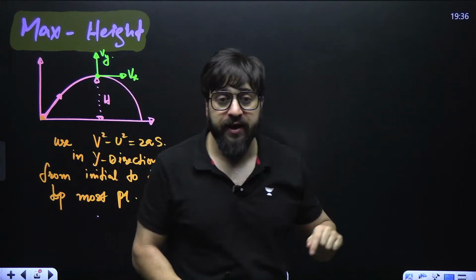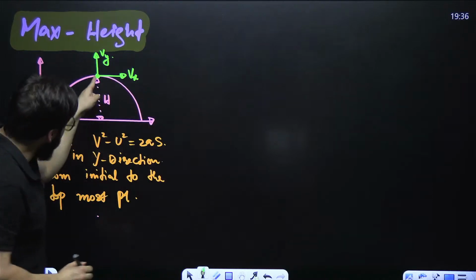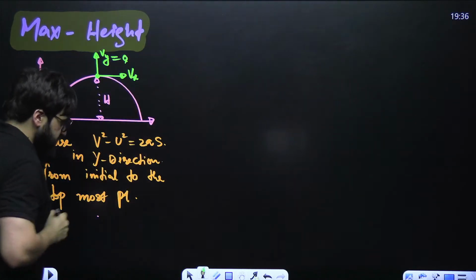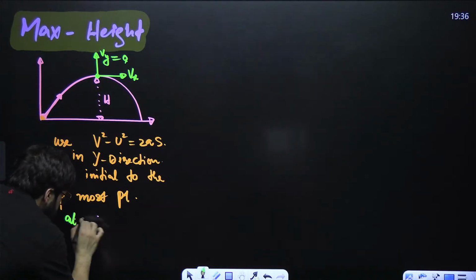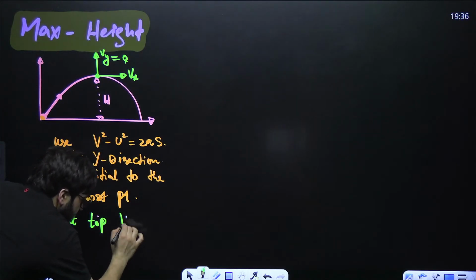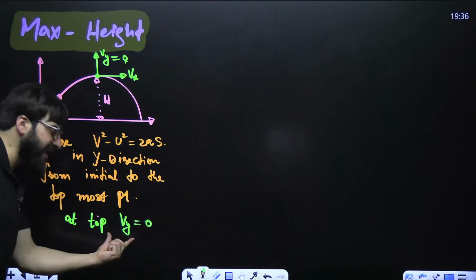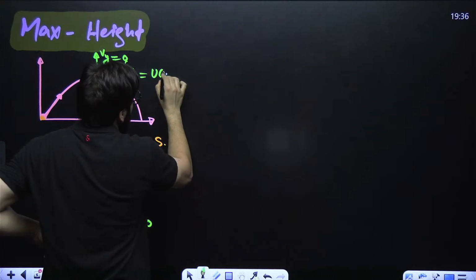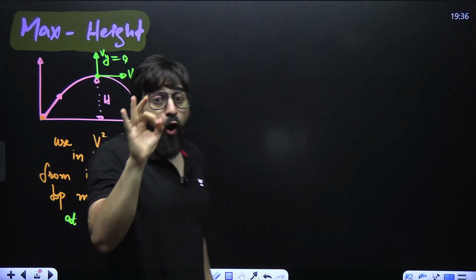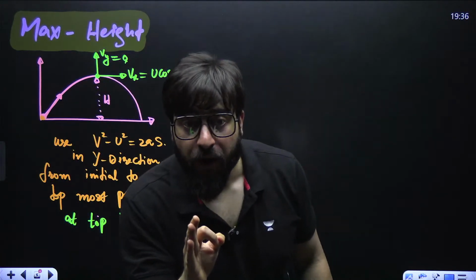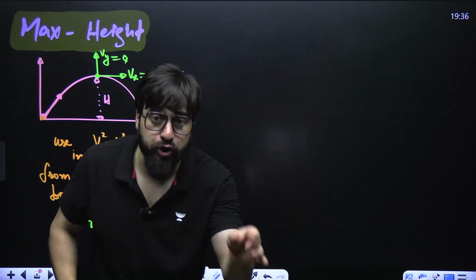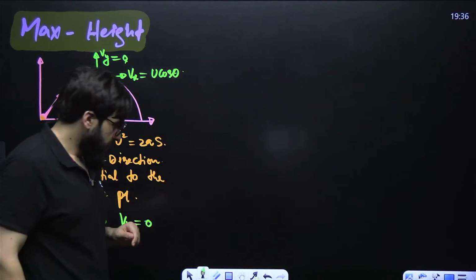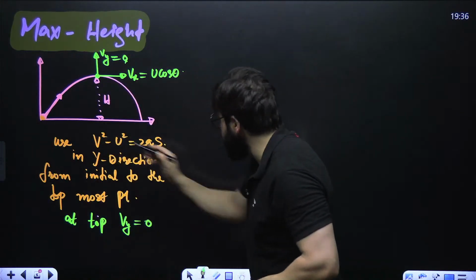So at the topmost point, Vy is 0. I'll write over here, at top, velocity in y direction is 0. And what about the velocity in x direction? That will be u cos theta only, because horizontal velocity in a projectile motion always remains constant.